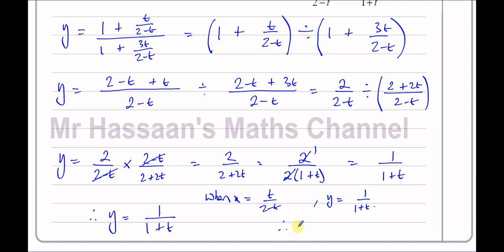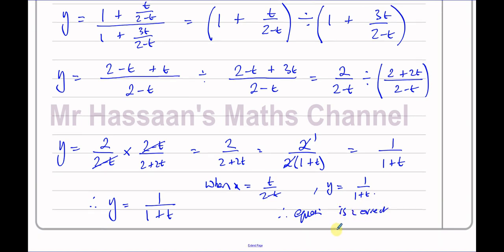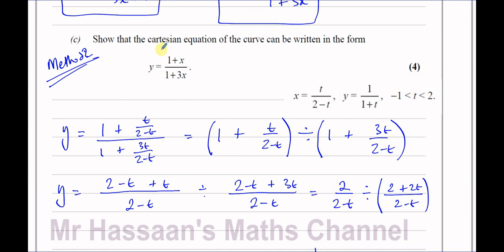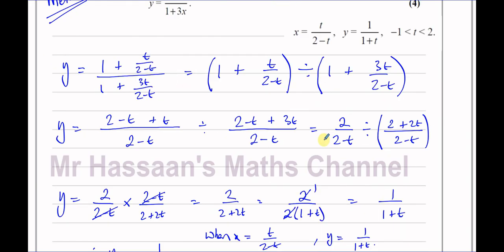Okay, therefore the Cartesian equation is correct, because it satisfied the equation, right? When we put the x term into there, what came out? Exactly the y term. That means these two satisfy the Cartesian equation. All right, so that's one way of doing it.